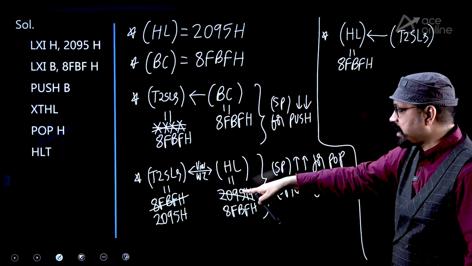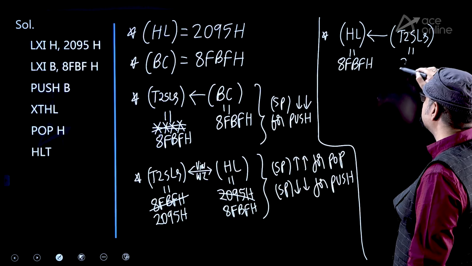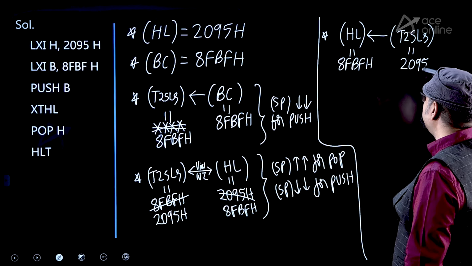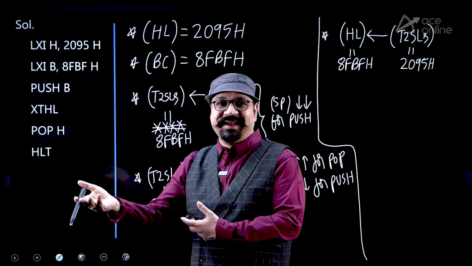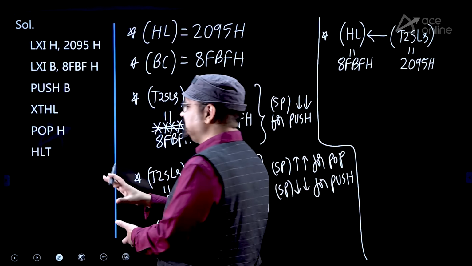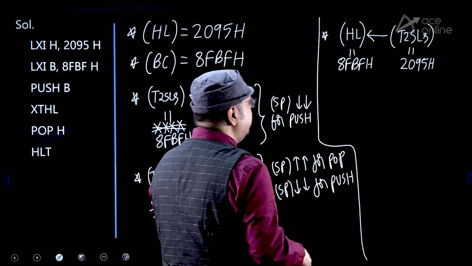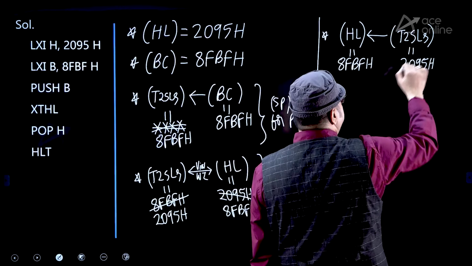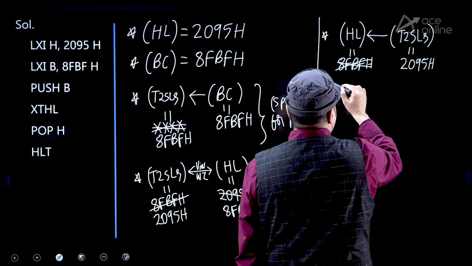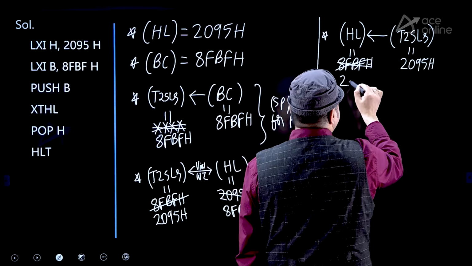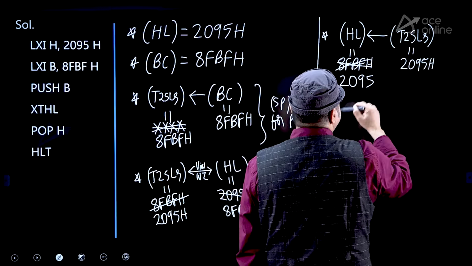What is there in top 2 stack locations? 2095. They have used all the 3 in a line, no particular logic here. Push, exchange and pop. Anyway, 2095 that is there in the top of the stack is retrieved, that is popping, into HL pair. So 8FBF is replaced by 2095.